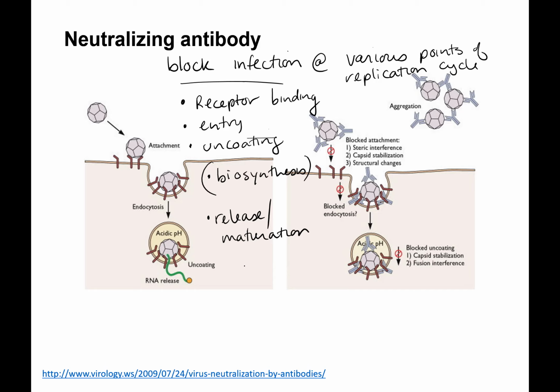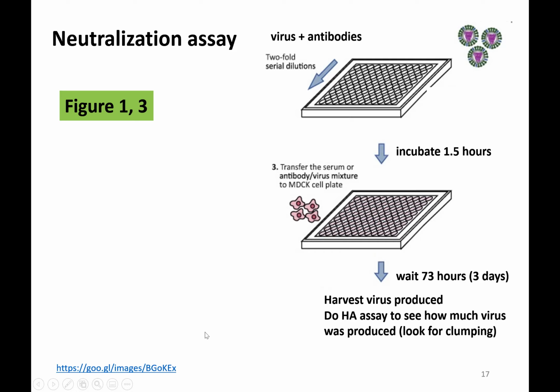Okay, so again, take a look at the wiki about influenza. We don't really care where the neutralizing antibody works as long as it's blocking virus production or new infection.